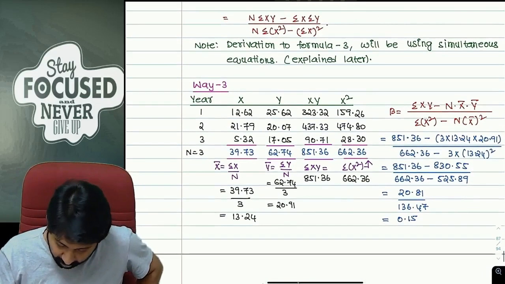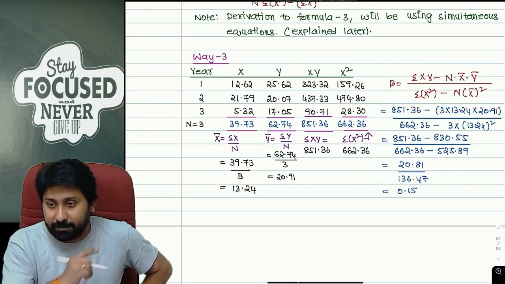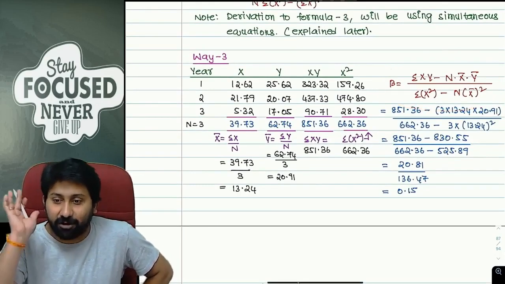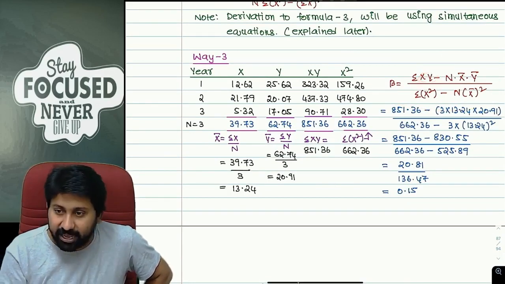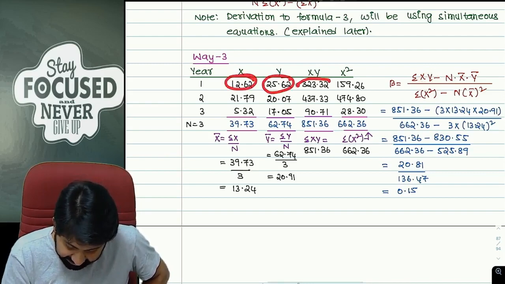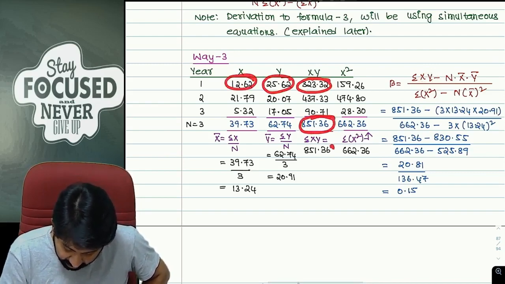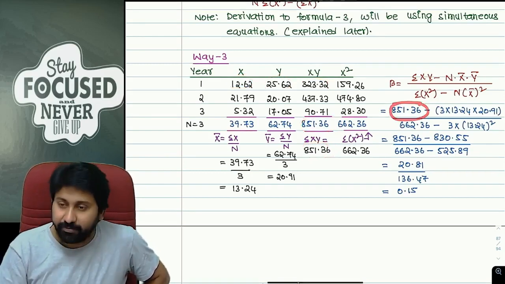Okay. Now what we are going to do next stage, beta calculation using that particular model. Way 3, way 4, we will calculate beta. First listen. Sigma xy means what? Xy ki sigma. This is x, this is y, this is xy, this sigma. So therefore sigma xy is 851.36. First over.